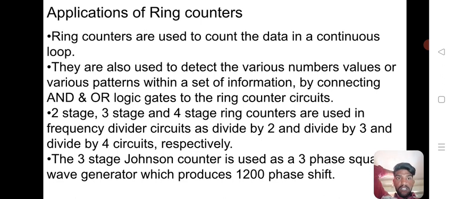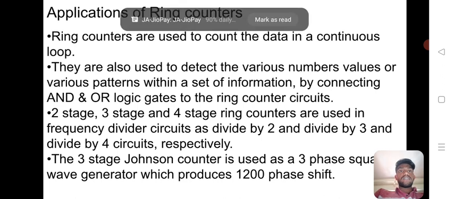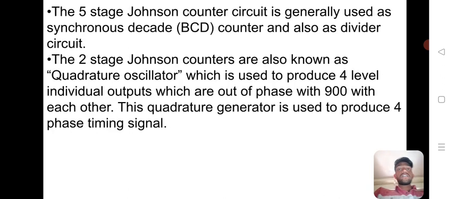The three stage Johnson counter is used as a three-phase sequential wave generator which produces 120 degree phase shift. The five-stage Johnson counter circuit is generally used as a synchronous decade BCD counter and also as a divider circuit.